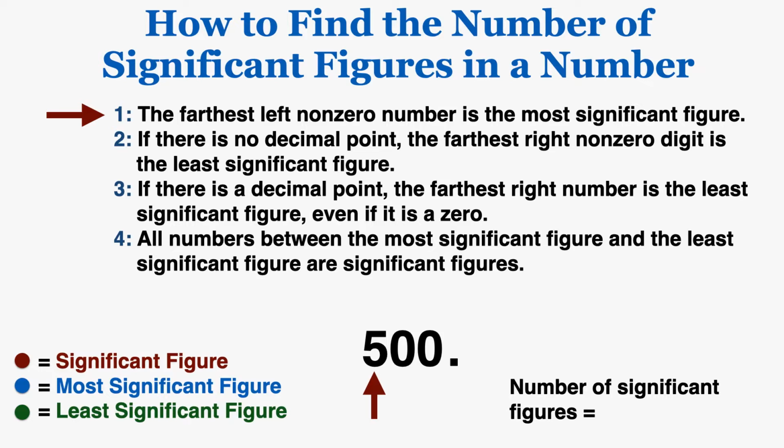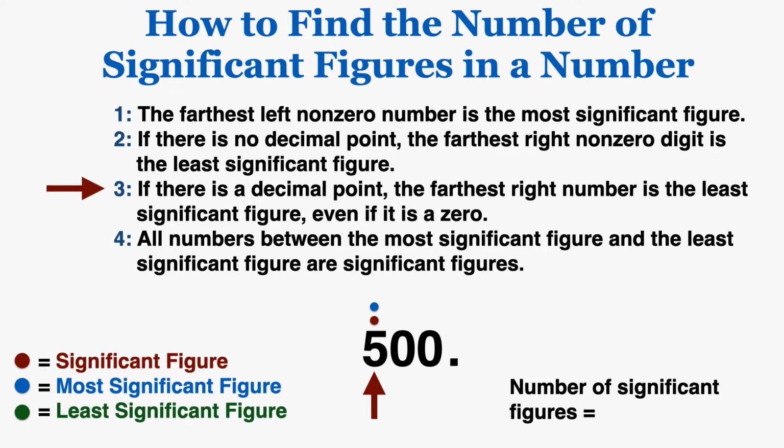I'm now going to do the same thing, but this time the 500 has a decimal point. Following rule number 1, the farthest left non-zero number is the most significant figure, so that means the 5 is the most significant figure again. This rule applies if there is no decimal point, but here we do have a decimal point, so I'll skip that rule. If there is a decimal point, the farthest right number is the least significant figure, even if it is a 0.